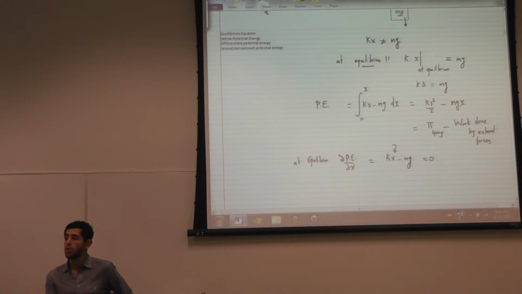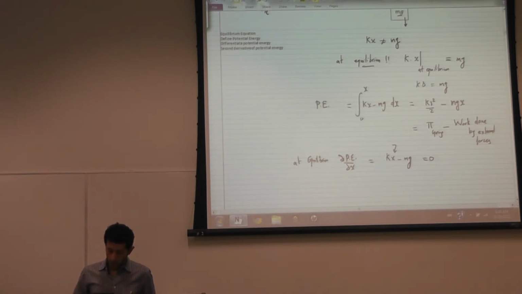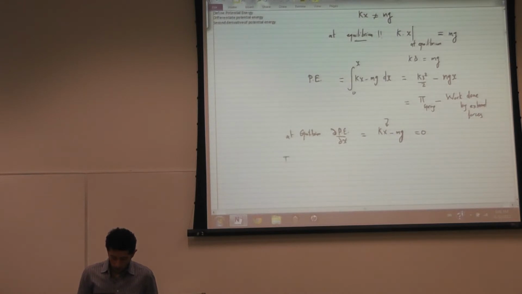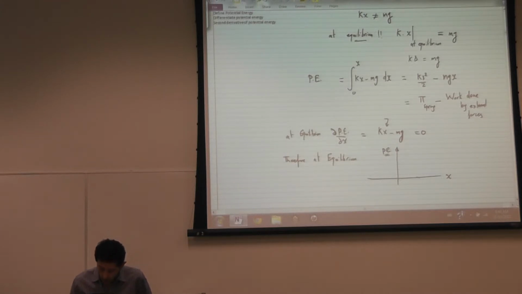So what does this mean? It means at equilibrium, one of the following. This is x and this is the potential energy, and this is delta.